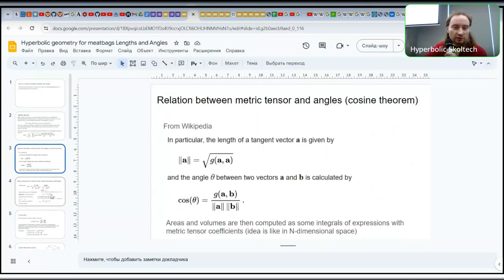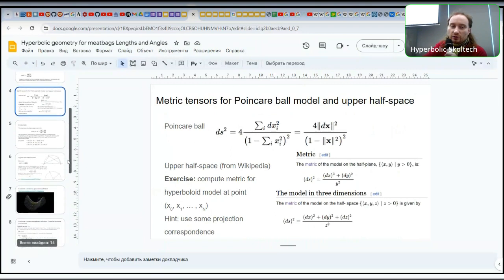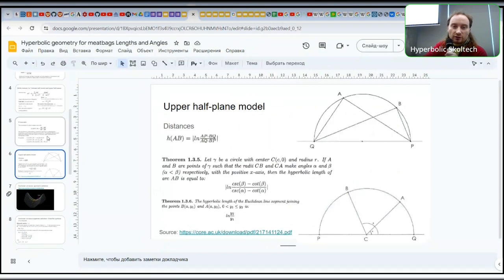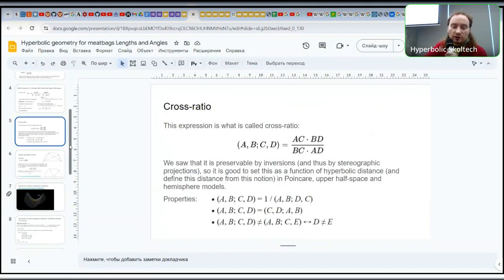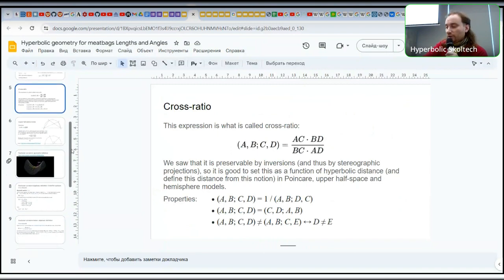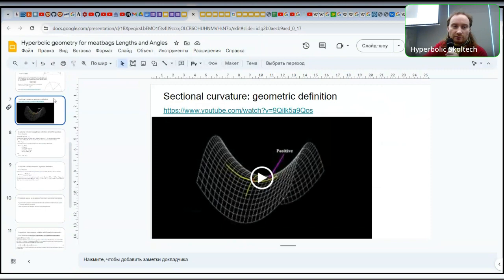And so this is a way for computing lengths in this model, also maybe for areas. So actually there is an elementary formula for lengths in several models with the usage of cross ratio. Okay. And now let's continue to the section on curvature.